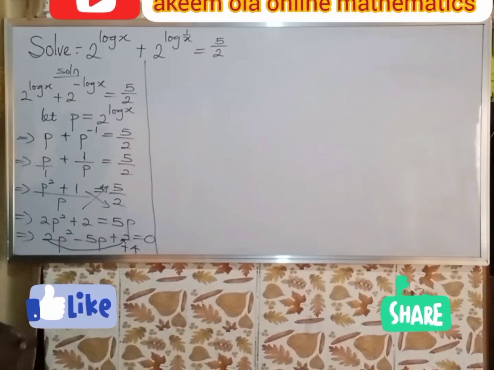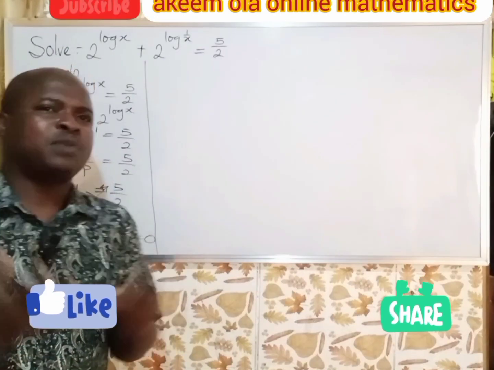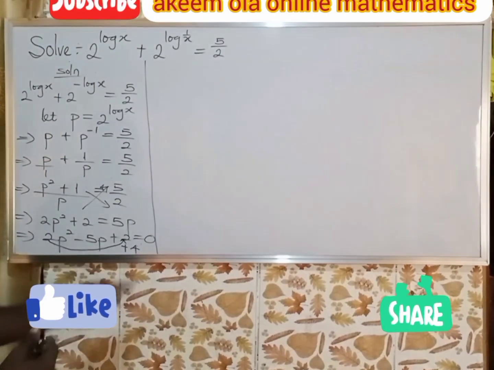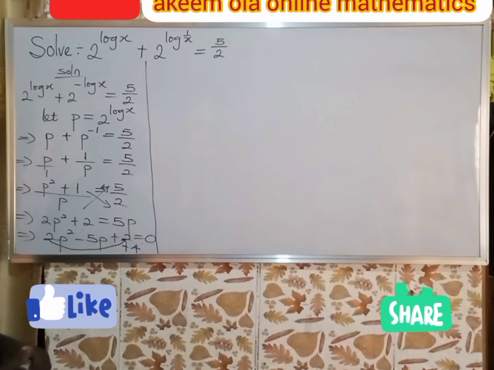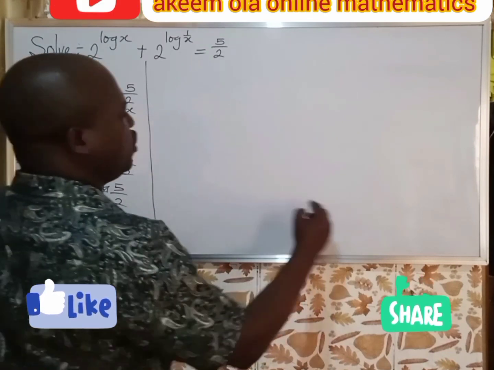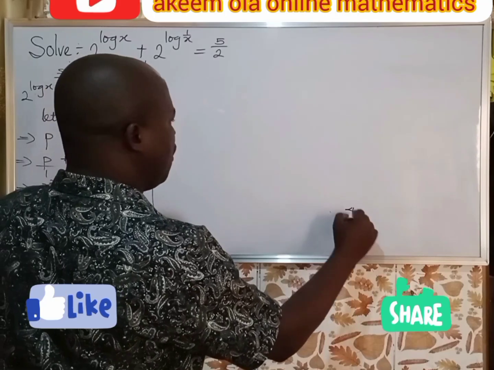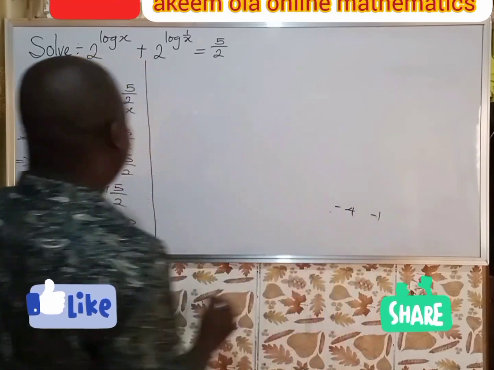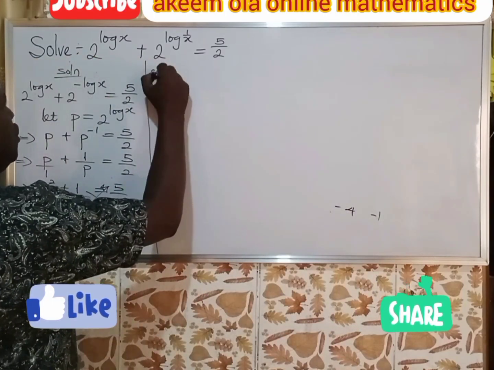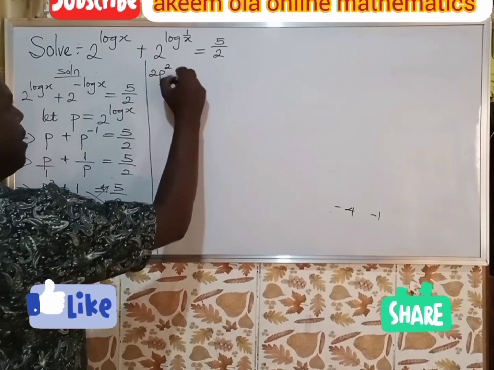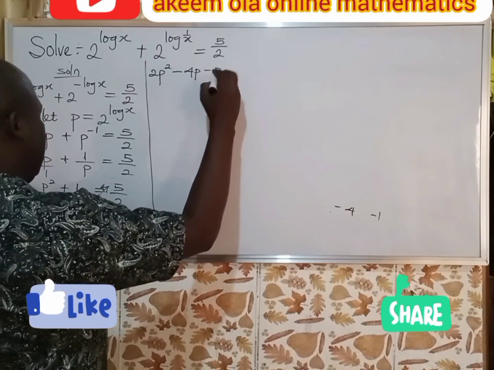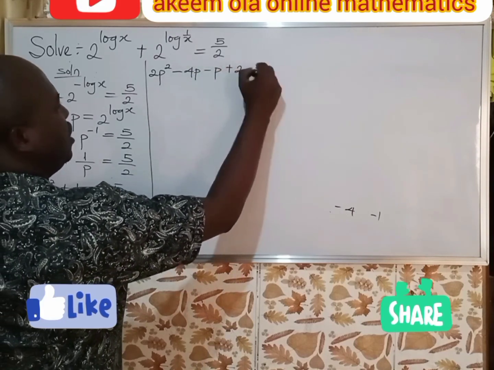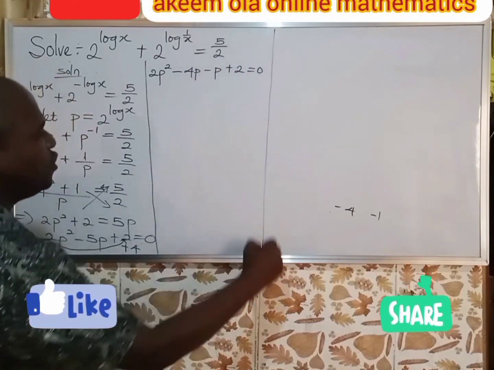I will now look for two numbers that multiply together to give me plus 4, and when added together give me minus 5. These two numbers should be 4 and 1, minus and minus. That means I will have 2p squared minus 4p minus p plus 2 is equal to 0.